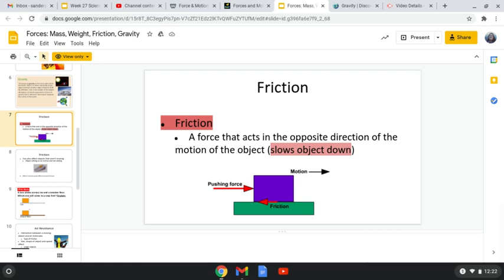This is another force. Friction is a force that acts in the opposite direction of the motion of the object, so it's going to slow the object down.